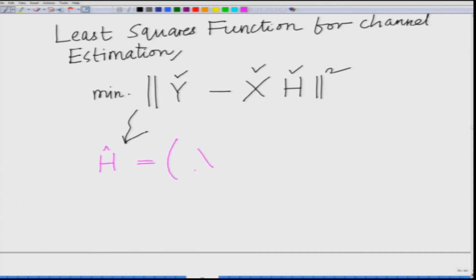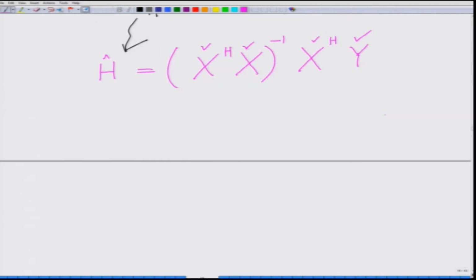basically your X check Hermitian X check inverse X check Hermitian Y check. This is the least square solution, and remember we said this X check matrix is a square matrix, it is invertible and it is diagonal.